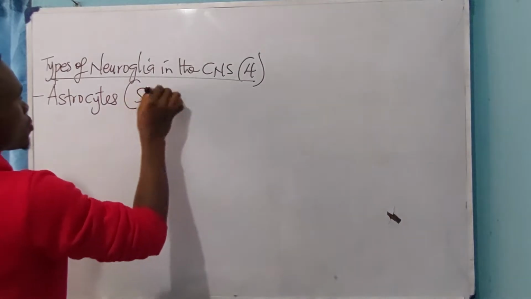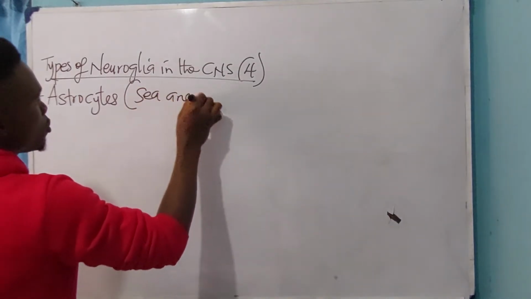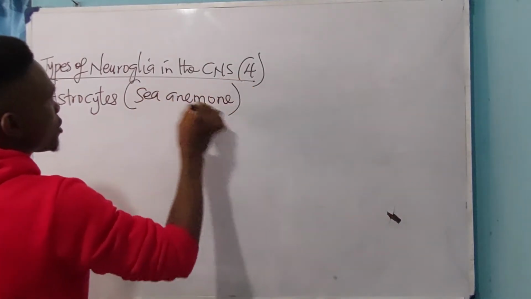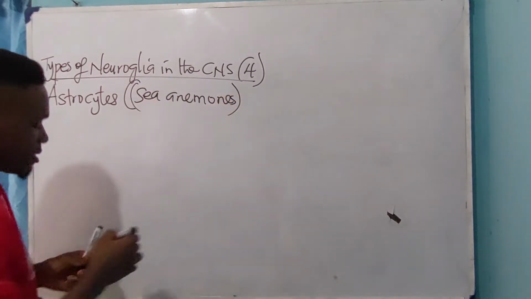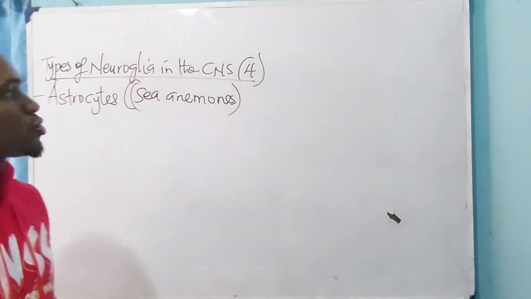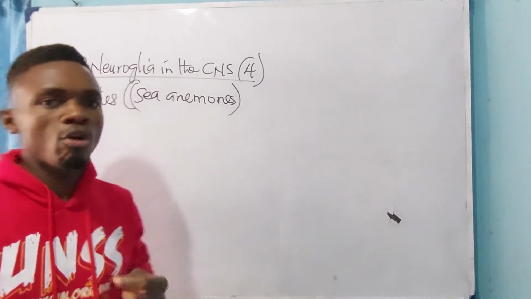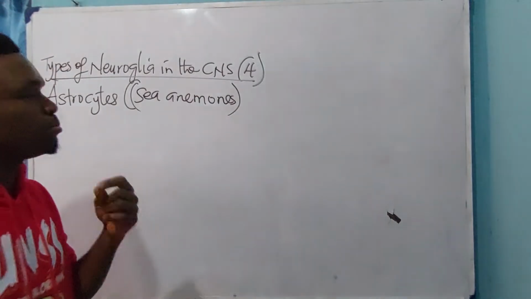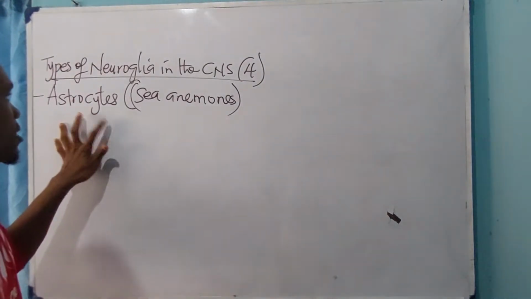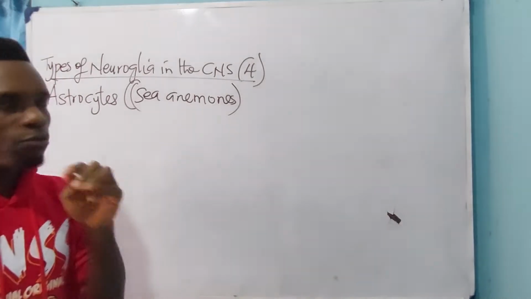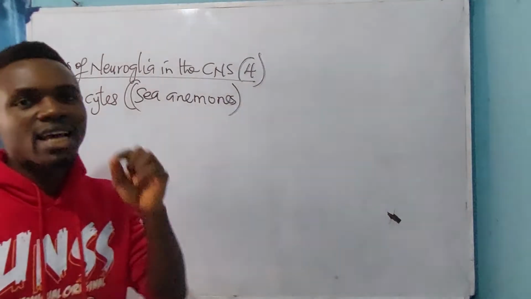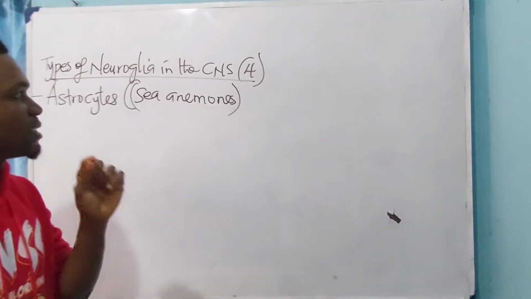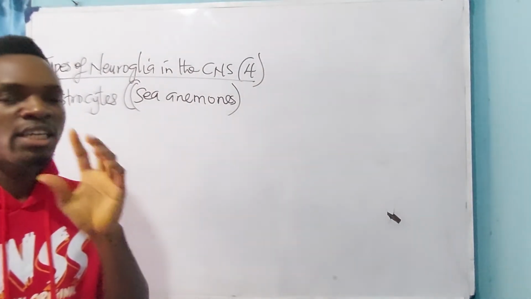Sea anemones. Please take note of that. If they ask you which of these types has the shape of a sea anemone, it is the astrocytes, the most abundant and versatile cell in the neuron.